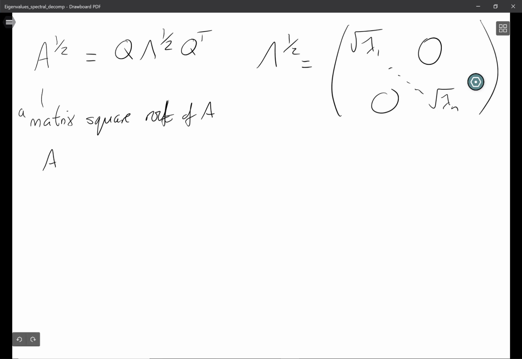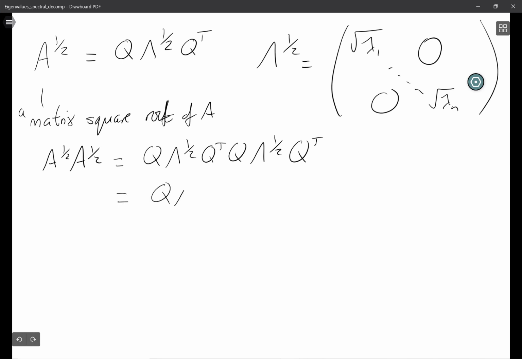So if we do A to the half times A to the half, we're going to hope this equals A, right? If we multiply square root of x times square root of x, we hope to get x. So let's just check this. This is Q lambda to the half Q transposed, Q lambda to the half Q transposed, which gives us Q lambda to the half lambda to the half Q transposed, which gives us Q lambda Q transposed, which is A. Okay, so it behaves like we expect.